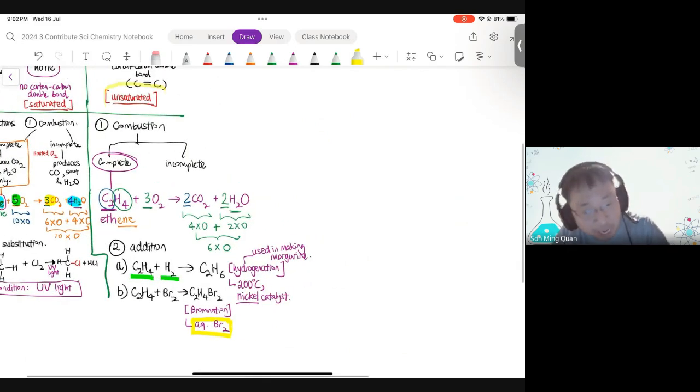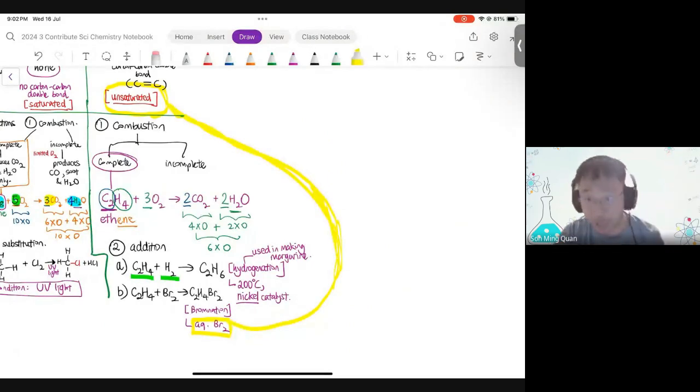So now let's link the aqueous bromine to unsaturated. You may wish to use your pen or your highlighter to draw a link this way. Now it's very important when you're writing notes to link this way so that when you study, it's a visual reminder for you. Aqueous bromine is a test to show that something is unsaturated, to show that something has a carbon-carbon double bond. So aqueous bromine is important for showing that something is unsaturated.